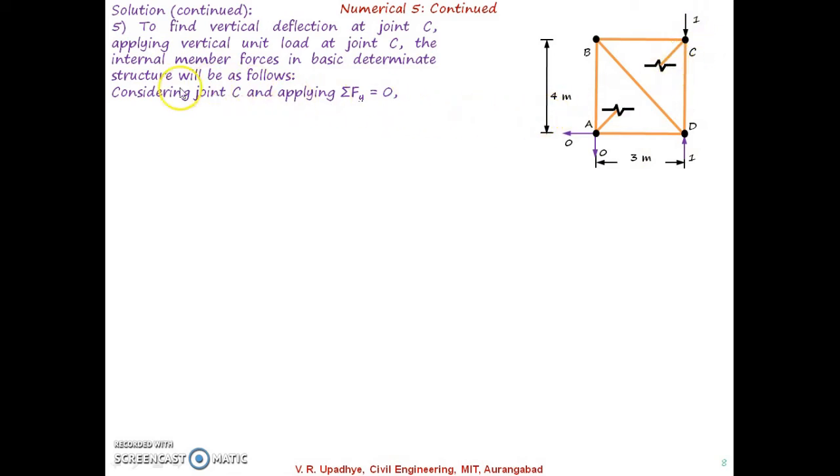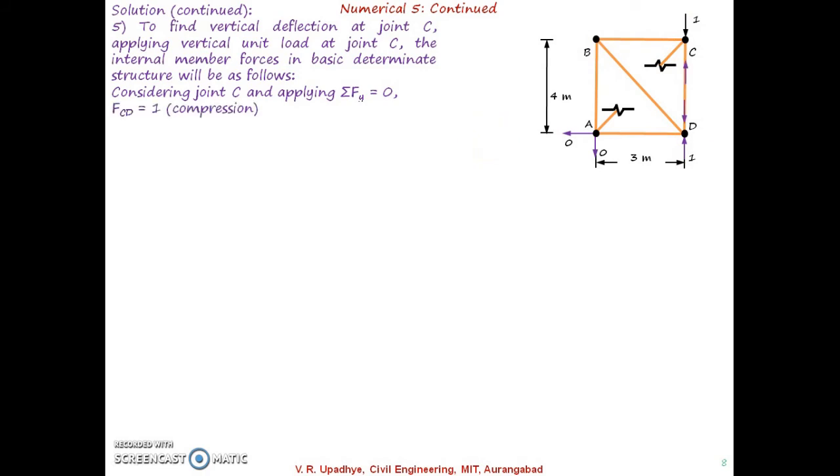Now if we consider joint C by method of joints, and apply summation Fy equal to 0 at this particular position, only the member force in member CD will be there, and the member force in member CB is horizontal, so that will not be in that equation.